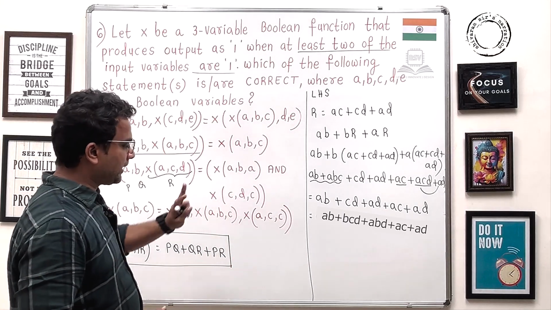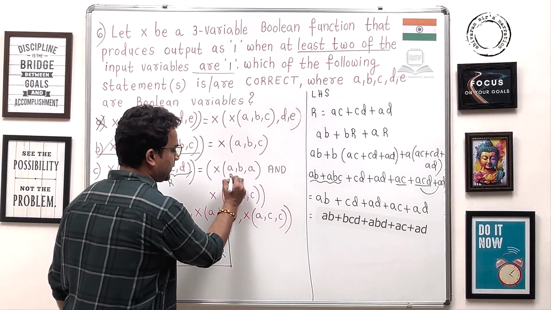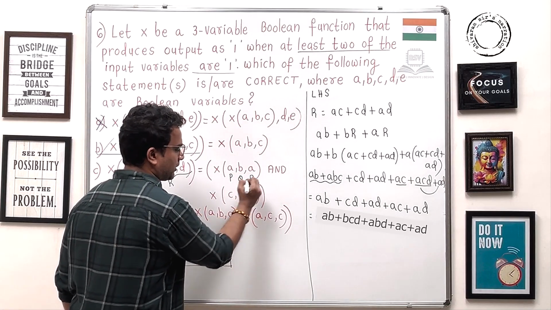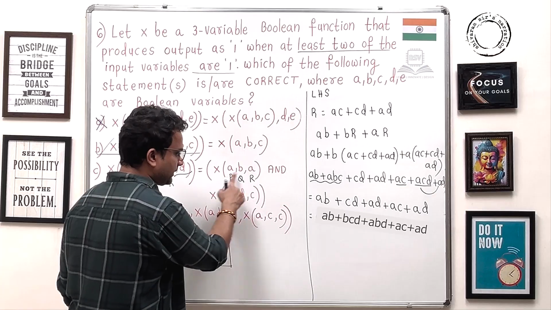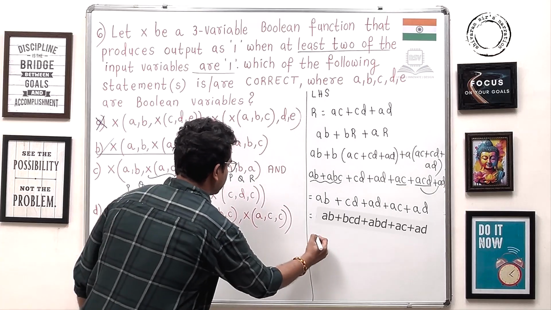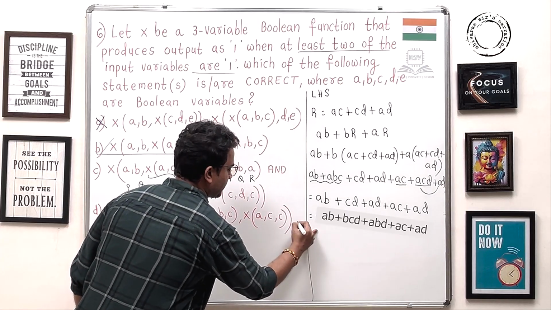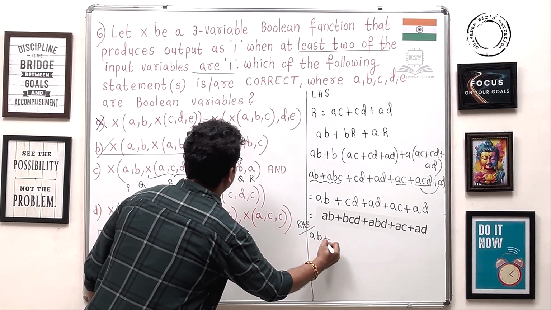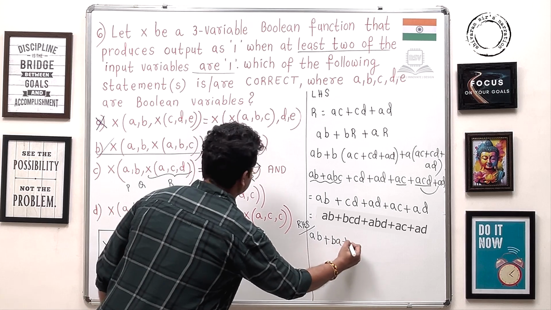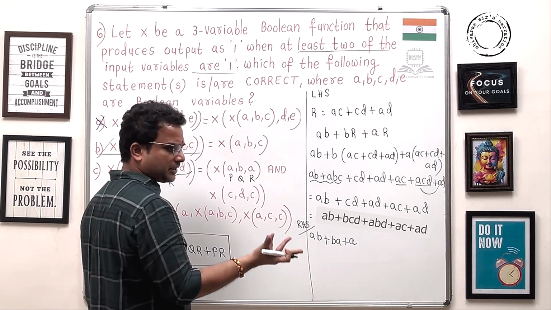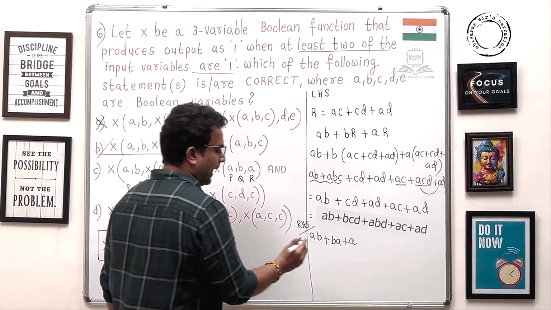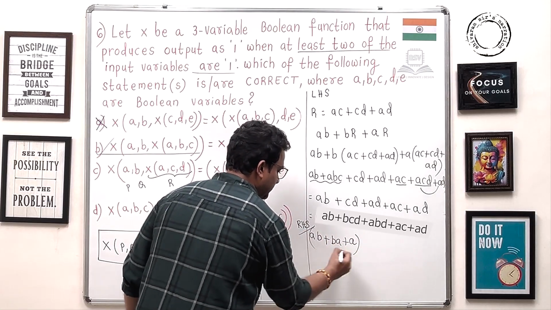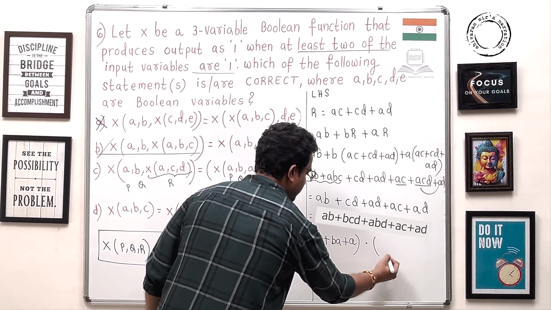Similarly, you take RHS. This is PQR. Then, what will be the expression of this? It is AB plus BA plus A. A into A is A only, right? AND operation means logical multiplication.